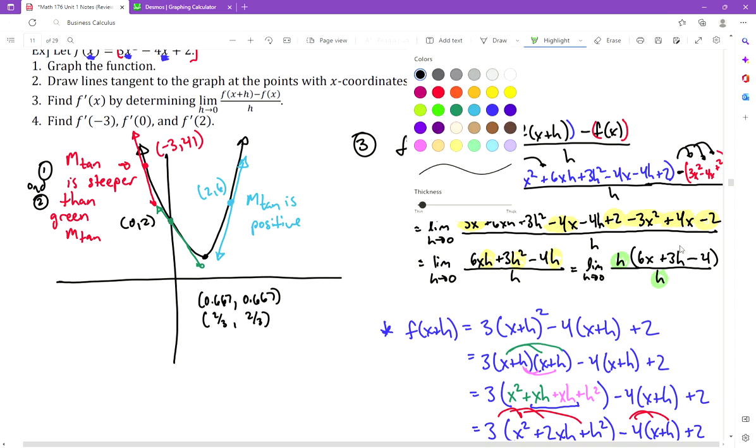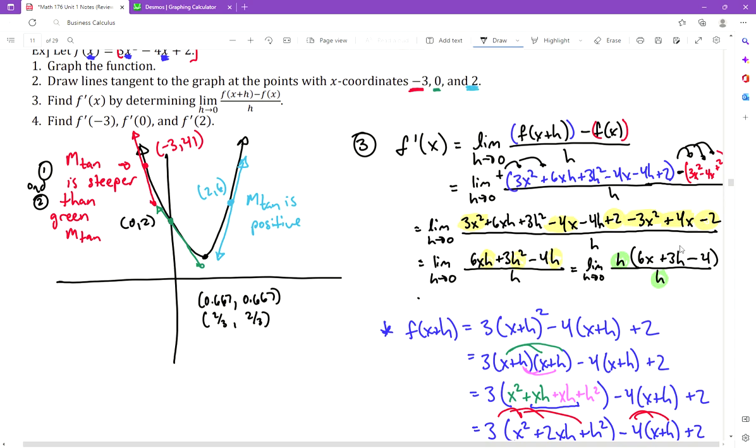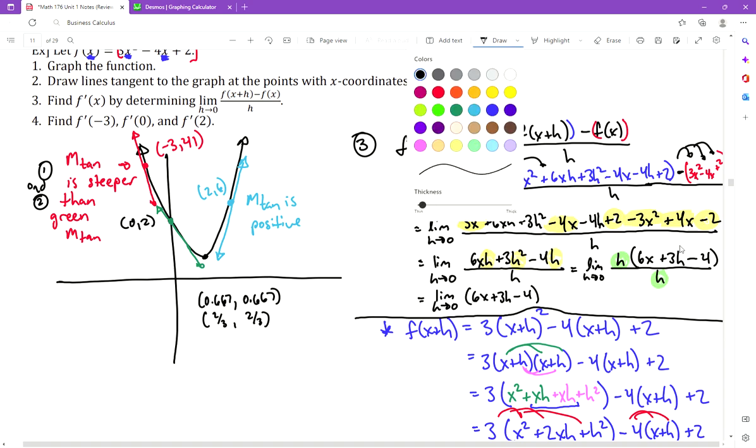And then rewriting it right here, we have the limit as h goes to 0 of just 6x plus 3h minus 4. And then this is where we plug in the h going to 0. So now it's just like evaluating a normal function.